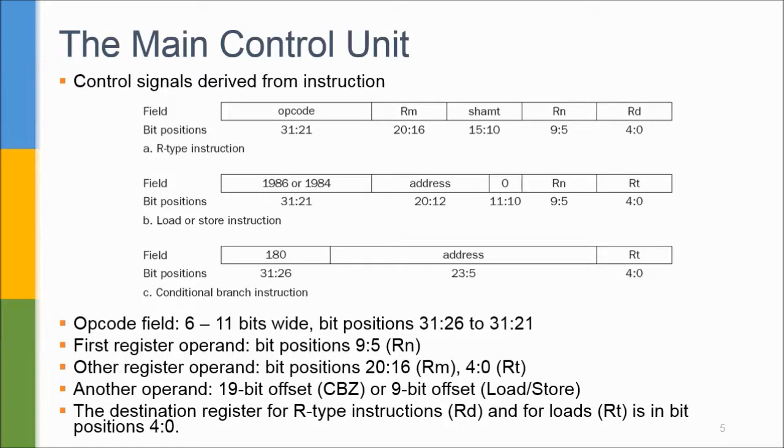To start this process, let's identify the fields of an instruction and the control lines that are needed for the data path we constructed in the previous lecture, to understand how to connect the fields of an instruction to the data path. So it is useful to review the formats.